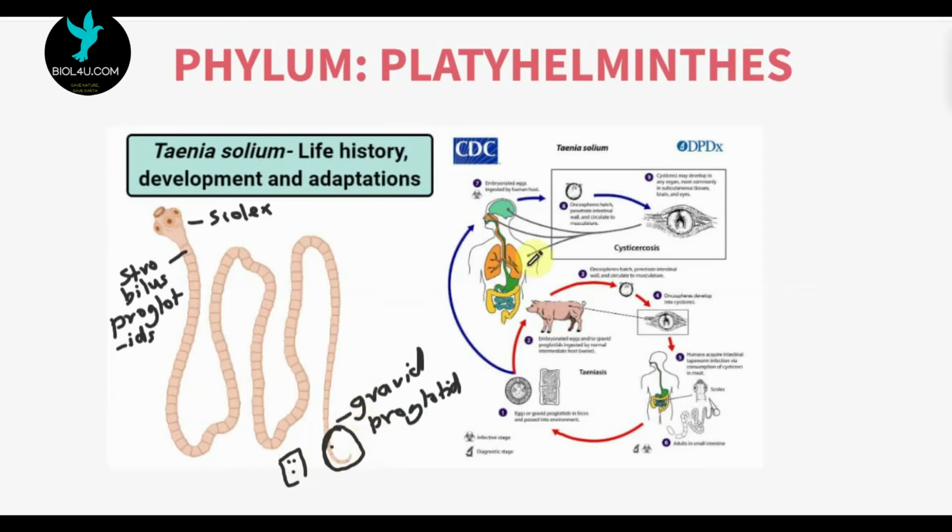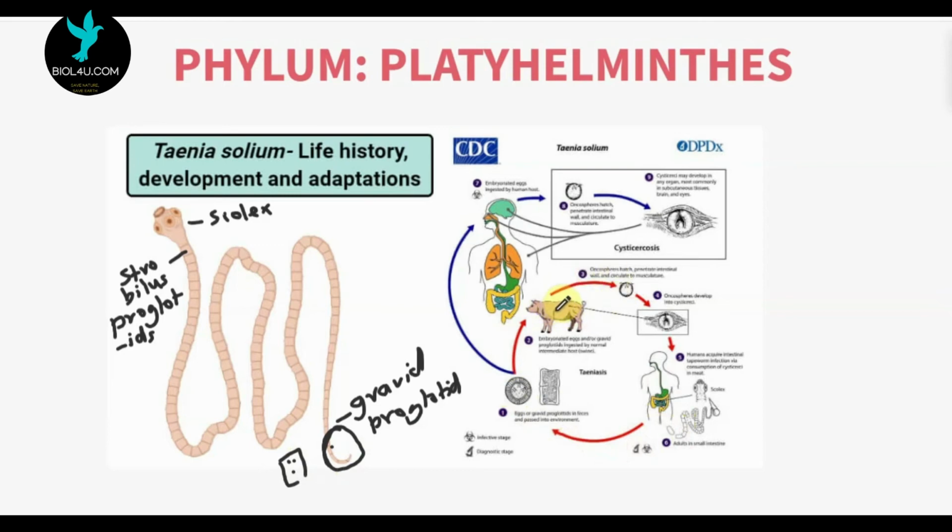Okay, see here, this is the life cycle of the Taenia. Suppose this is the human host, and from the human host the gravid proglottid comes outside along with the feces. From this feces, the mature egg passes into the pig, and it develops into a particular larva in the pig.